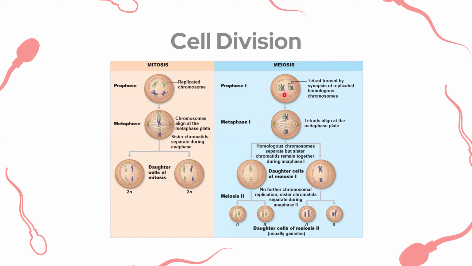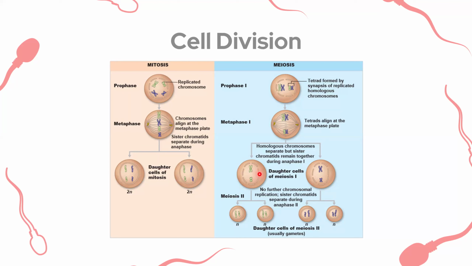Meiosis is the process that is undertaken by the germinal cells. So this is everything that we can see in sperm and in ovums, and it's only in those types of cells. Meiosis is the process wherein we start off just like regular mitosis, okay? However, we have an extra step, which is meiosis 2, where we take this 2N cell and we split it again without actually replicating it.